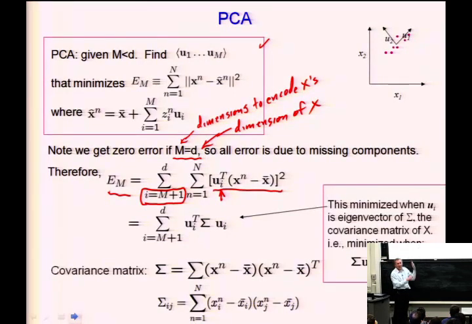So sigma is the covariance matrix, and I define covariance between 2 vectors as a matrix where the ijth element is the covariance between x sub i and x sub j. For example, x1 and x2 up in this plot in the corner.